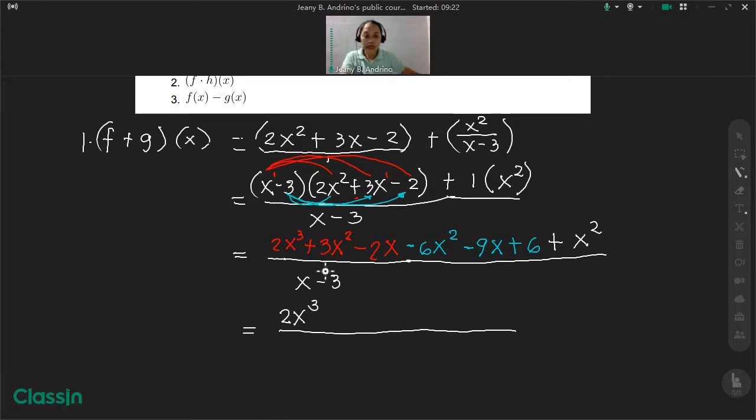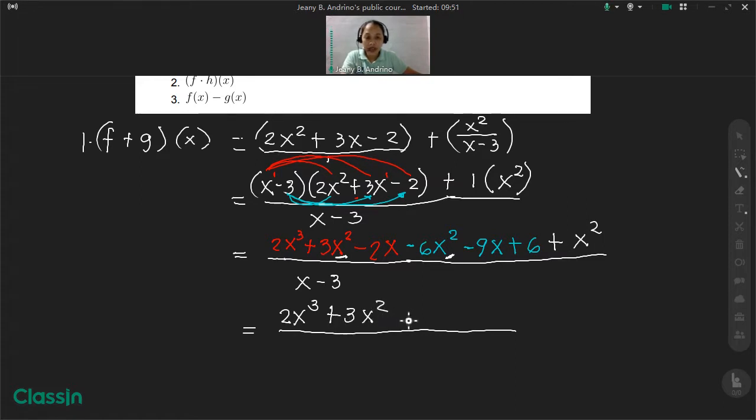And then we go for the square. So we have this one here, 3x squared, and we also have 6x squared but with negative or minus. So we are going to combine that one. So 3x squared minus 6x squared, and then we plus that one with x squared. So let me just rewrite that one so that you can go through with it later on.